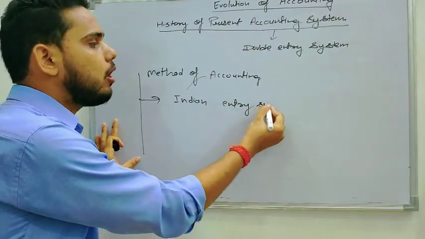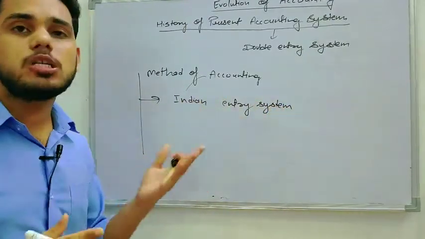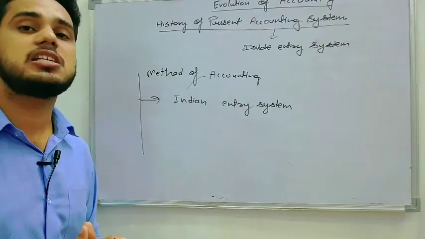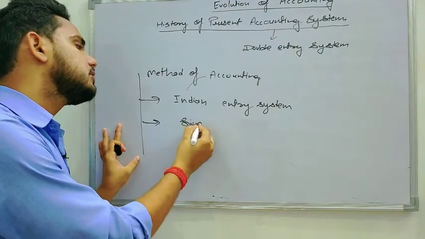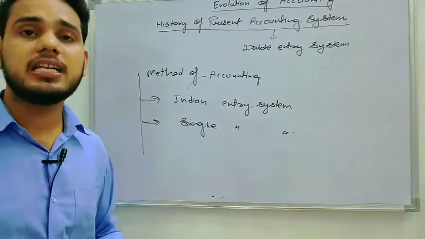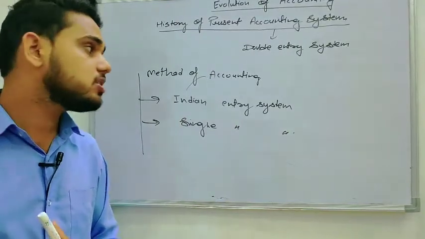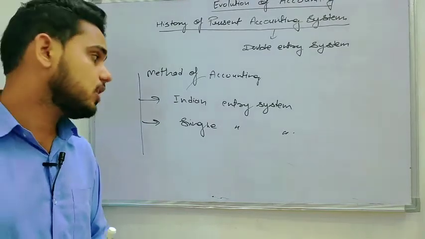That was also a method of accounting which was followed by the Sahukars and Mahajans in our country. There is one more system known as the single entry system. In the same way, the Babylonian people and Egyptians must have been following a different kind of method of accounting.